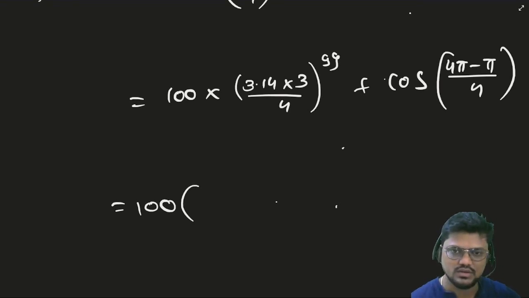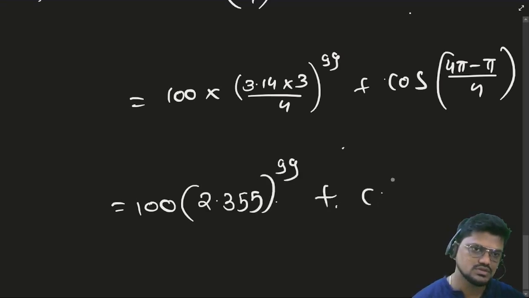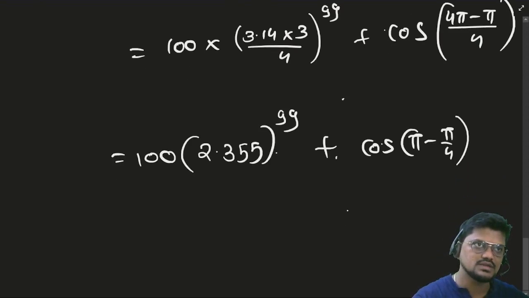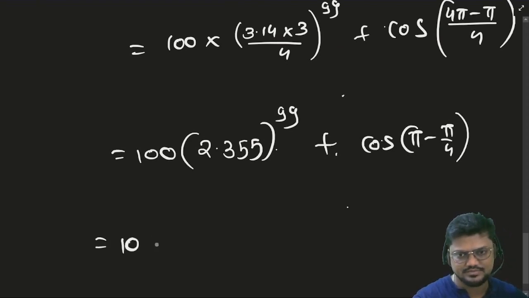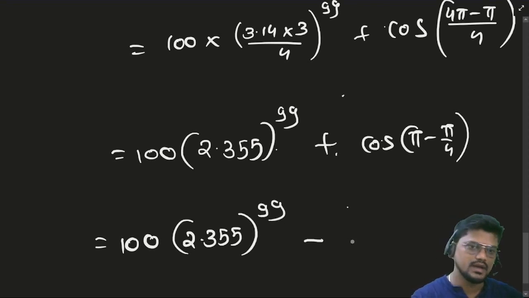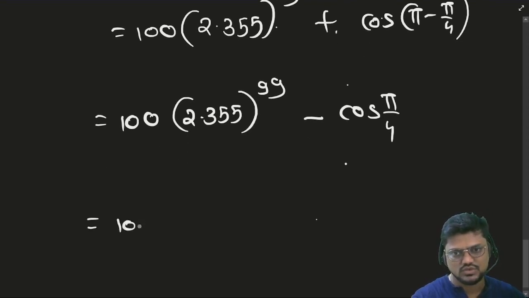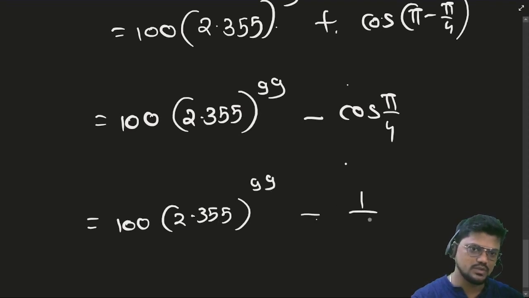I am doing it with a calculator; you can do it manually. 3.14 into 3 divided by 4 gives you 2.35, raised to 99, plus cos of pi minus pi by 4, and cos of pi minus theta is minus cos theta. So minus cos pi by 4, and cos pi by 4 is 1 by root 2. So 100 into 2.355 whole raised to 99, minus 1 by root 2.